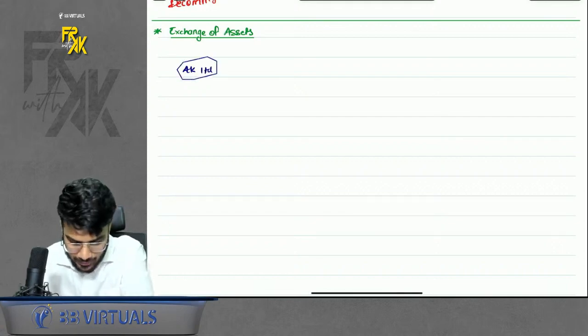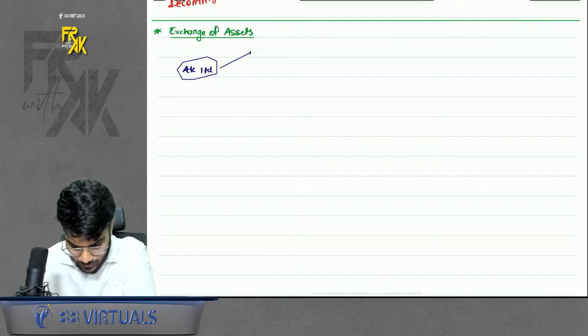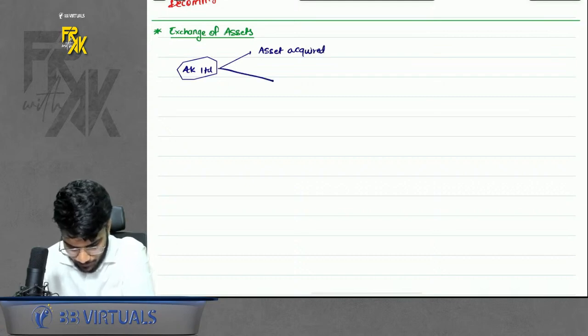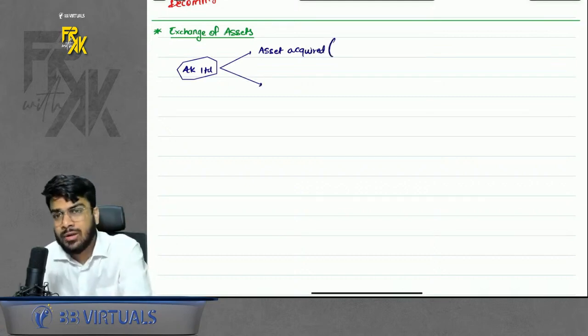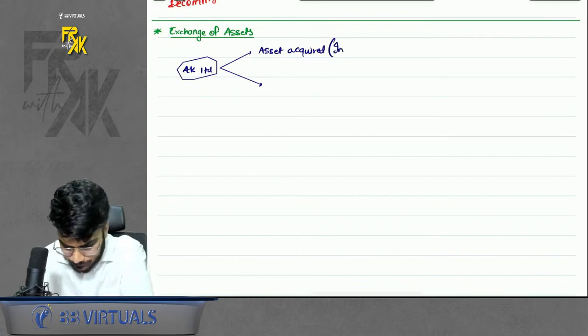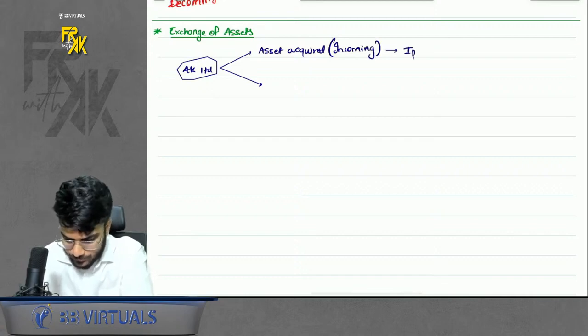What AK Limited did was, it acquired an asset. What was the asset acquired? We can also call this the incoming asset. So let's say I acquired an iPhone 14 from you, one of you guys.